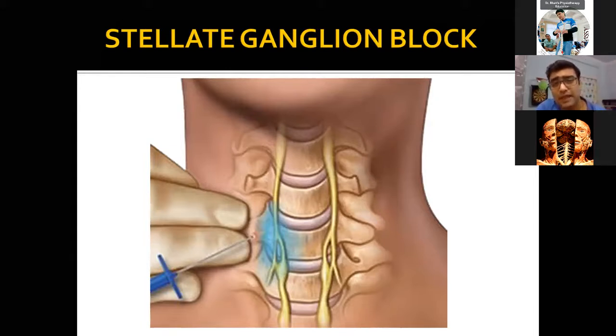In these patients, the ganglion blocks are very effective, but as you can see, it is very close to the sympathetic nervous system, so it is usually given under ultrasound guidance, but it is definitely very useful. So stellate ganglion blocks are very useful in reflex sympathetic dystrophies. If you have patients who have had a Colles fracture and they have severe stiffness in their hand, then this is something which you can definitely try.